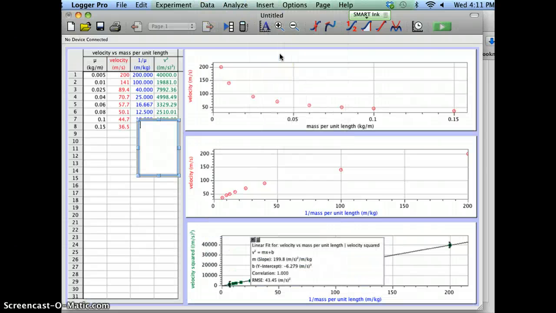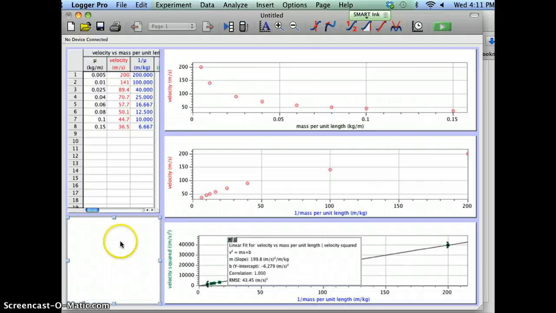Insert text, and my equation's going to be velocity squared equals about 200, and then I'll leave out the units because they're on the graph. 200 times 1 over mass per unit length.